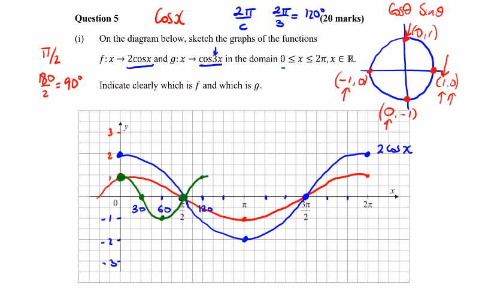And we're asked to do it up to 2 pi, so we're going to have 3 full revolutions. So just continue in this pattern. Fill in your points. Just check 180, 150, 180, 210, 240. We know 1 full revolution is 120, 2 will be 240.